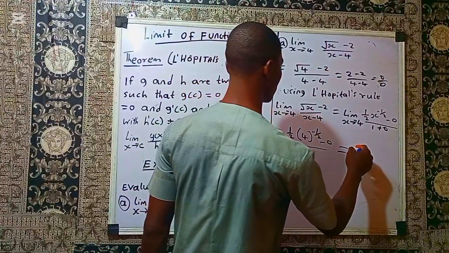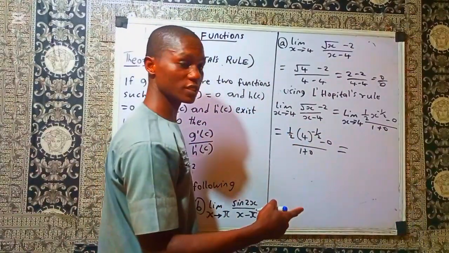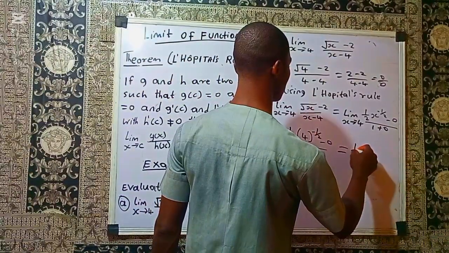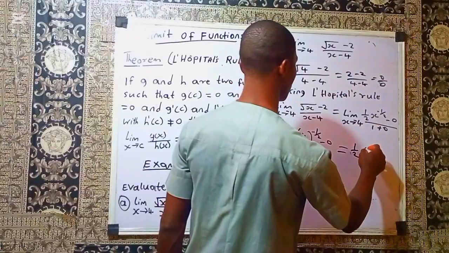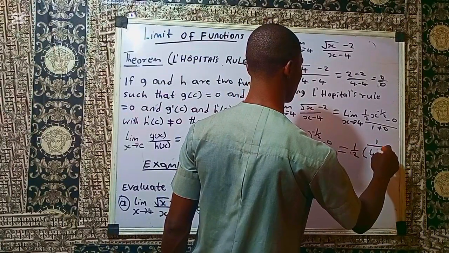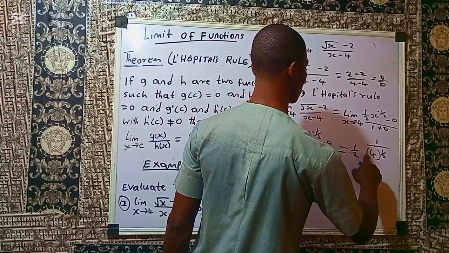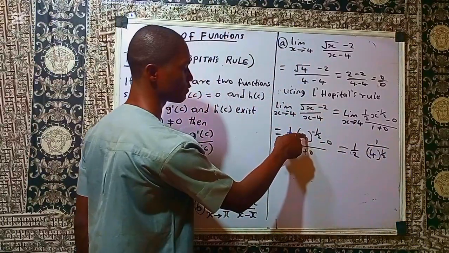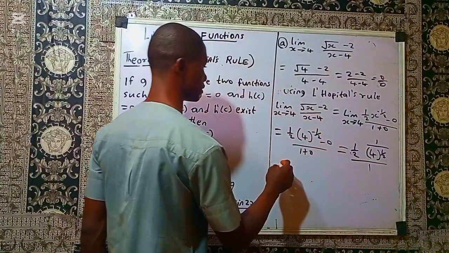So this will give us 4 raised to power minus half. If we use indices, this is the same thing as, so let's write half, 1 over 2 we have here. Then this is the same thing as 1 over 4 raised to power half. If we use indices, we will just remove this minus, then divided by 1.